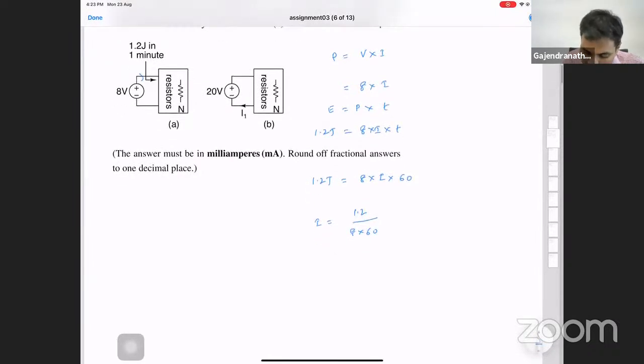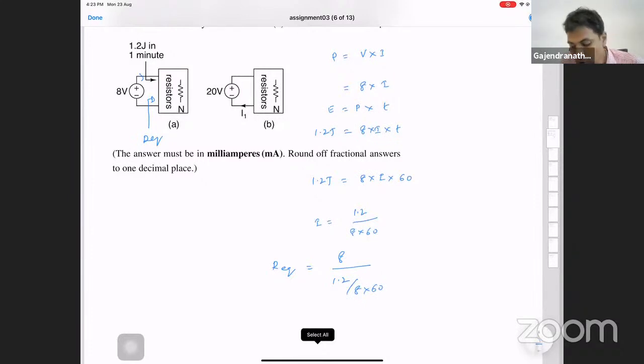Because we want to find the equivalent resistance there. So the R equivalent, looking into this network, is given by the applied voltage divided by 1.2 by 8 by 60. So from this, you can calculate the equivalent resistance.